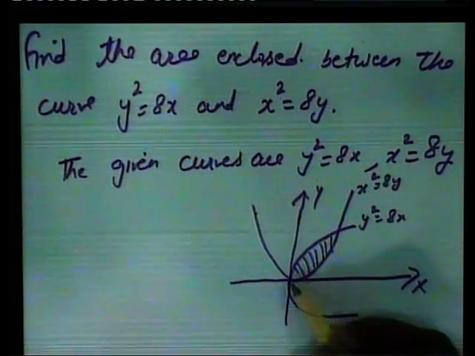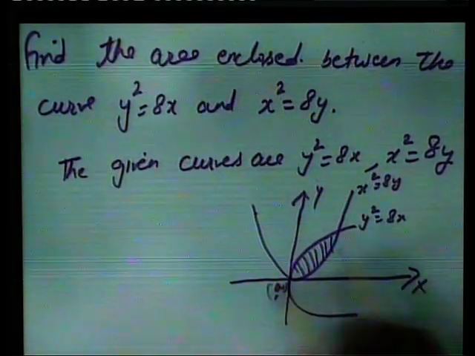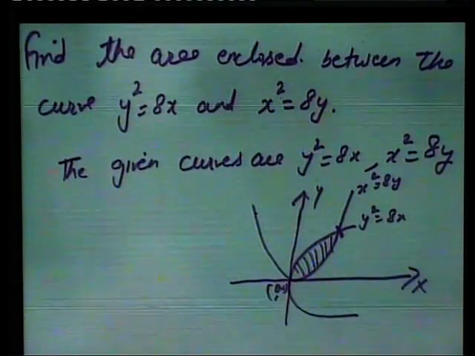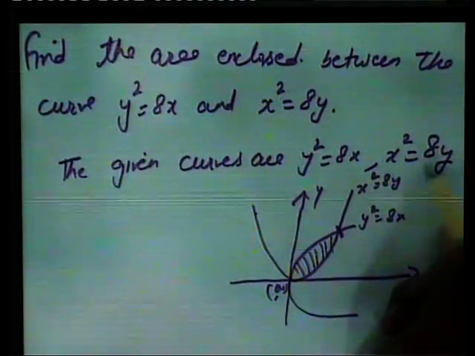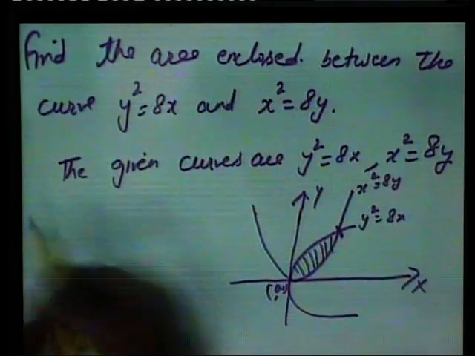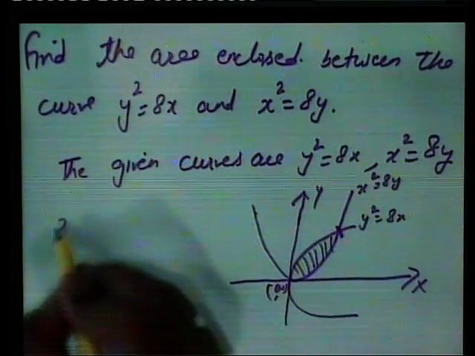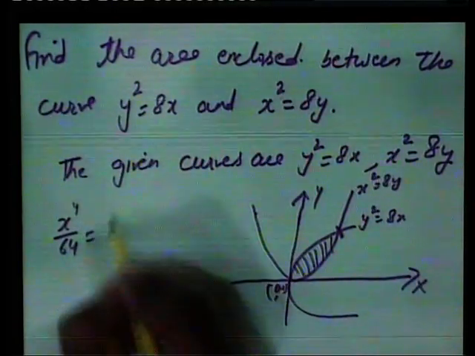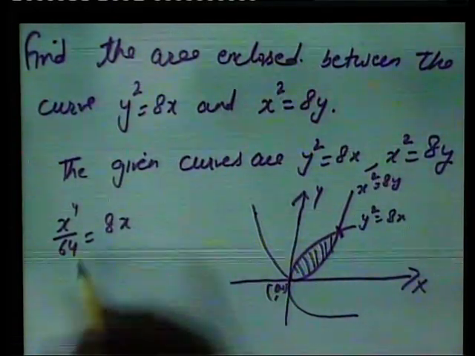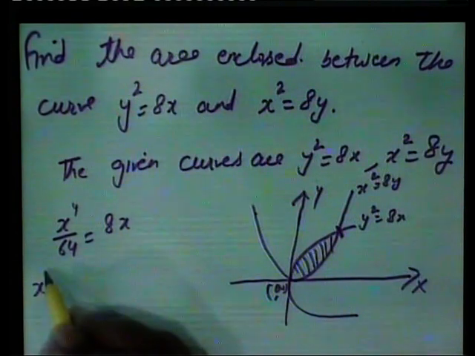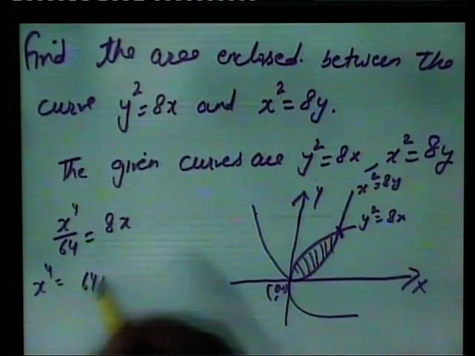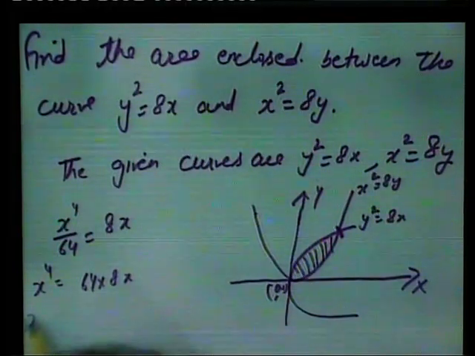First of all, we find the point of intersection of these two parabolas. From solving these two equations, we get x raised to power 4 upon 64 is equal to 8x. X raised to power 4 is equal to 64 into 8x.